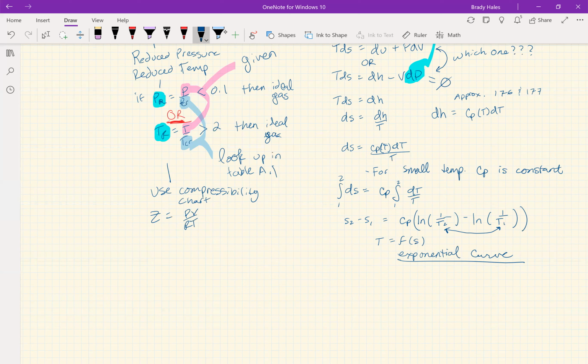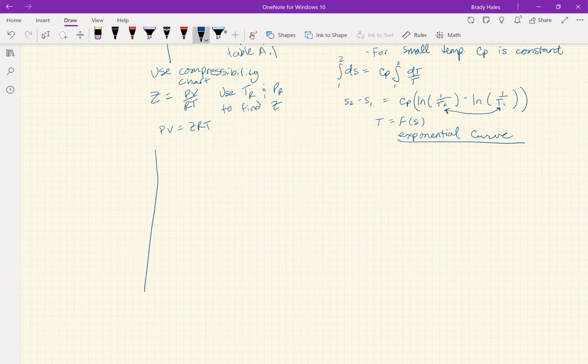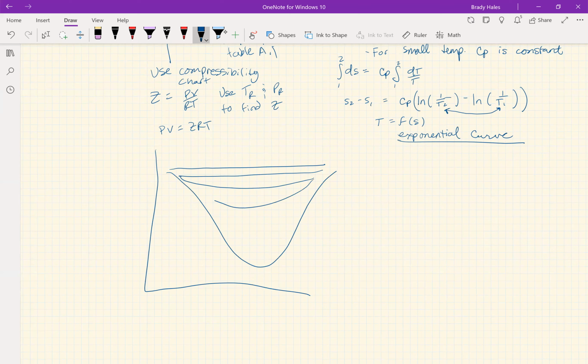So use T reduced and P reduced to find Z. And then you could use the ideal gas law, knowing that PV is equal to ZRT. Okay, and that chart was something that looked like this, where it had some lines coming up like this.